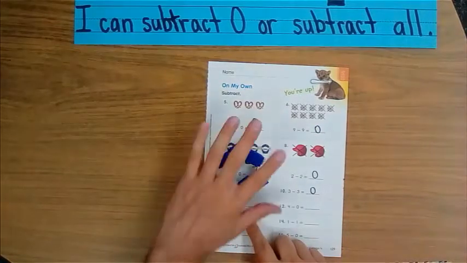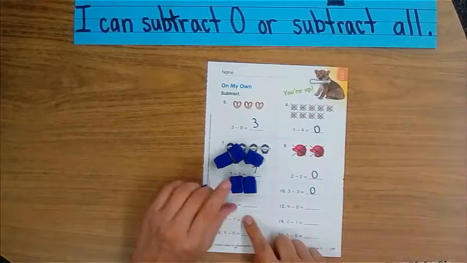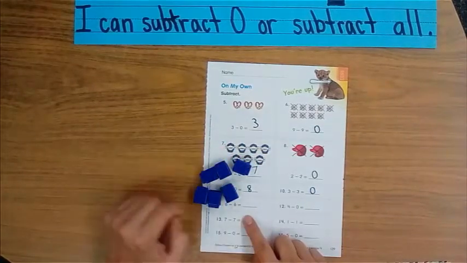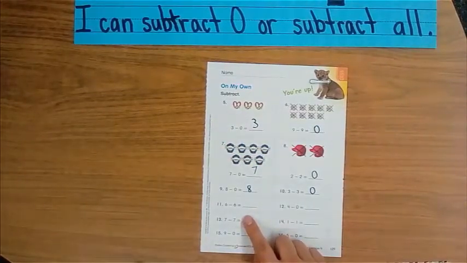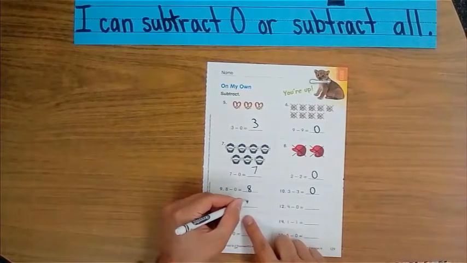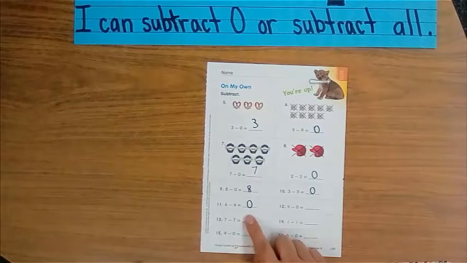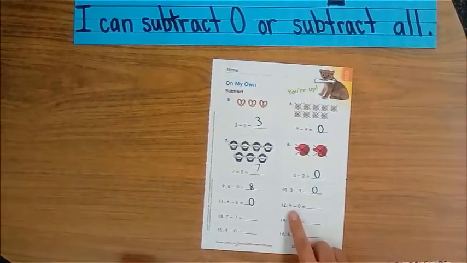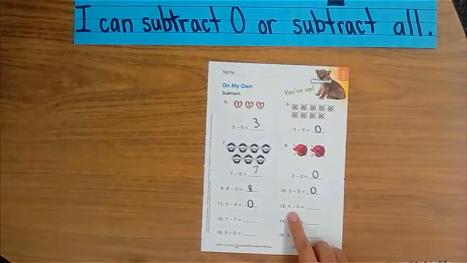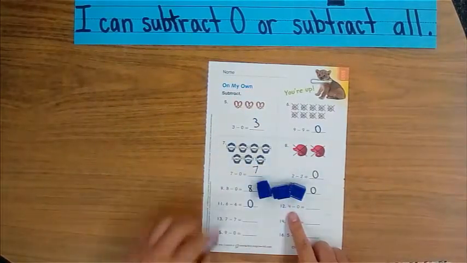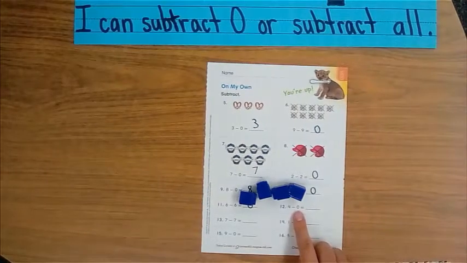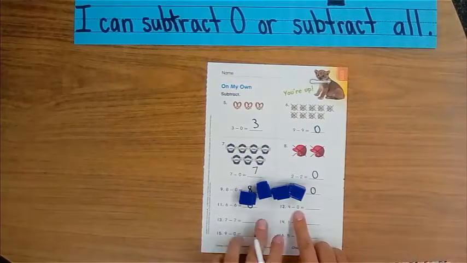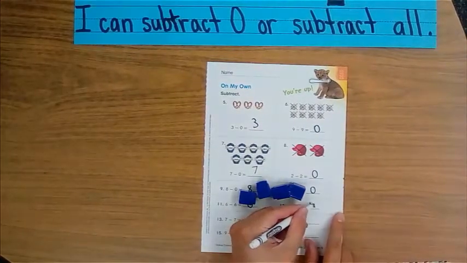So let's take 6 blocks away. 1, 2, 3, 4, 5, 6. So I'm taking them all away. So now that means I have 0. That's correct. What about this one? I have 4 blocks. I'm going to put 4. I'm taking away 0. So that leaves me with 4 blocks.